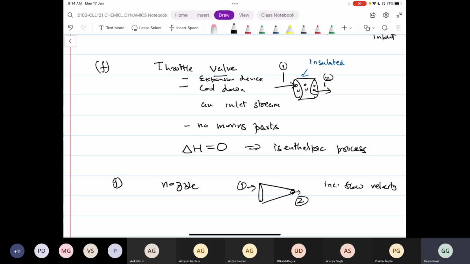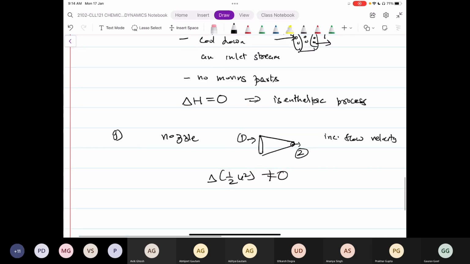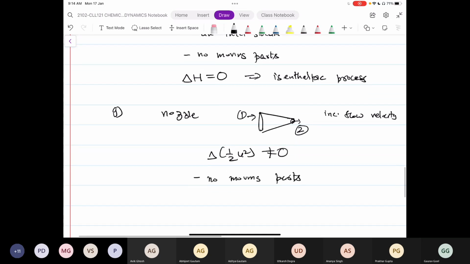Okay, so typically it will have a very narrow outlet. So which term I cannot ignore, which I've done so far, kinetic energy, right? So in this particular case, change in kinetic energy will not be zero. Again, no moving parts. The nozzle is either insulated, or you can say that typically you will see it is actually not insulated.